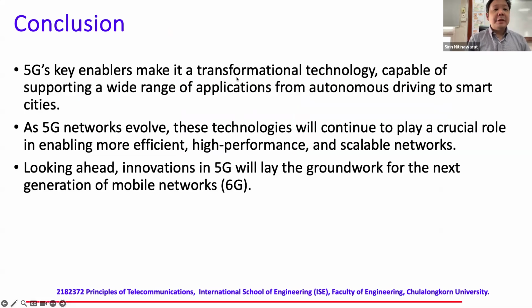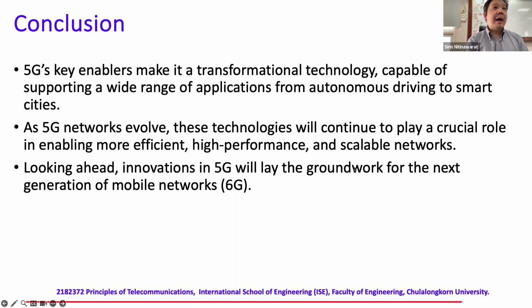So 5G is a transformative technology that is supposed to be the enabler of more and more challenging applications as the network evolves. These enabling technologies will continue to play a crucial role to make the network more scalable and more efficient.